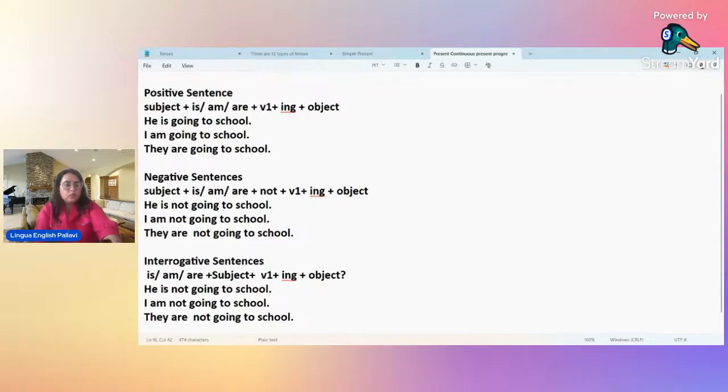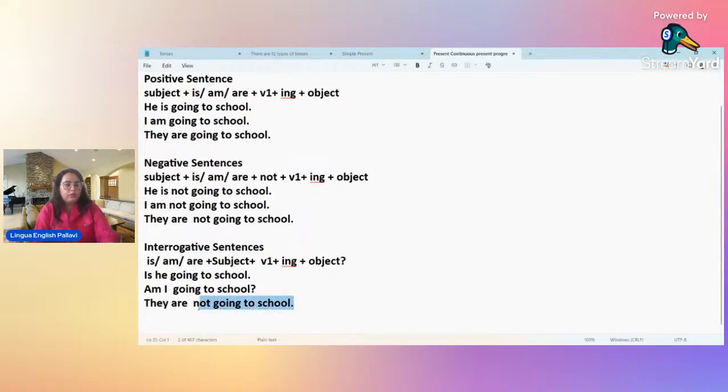So here what I'm going to do, I'm going to make the change. It starts with the helping verb, he is going to school. And the next, I'm just going to fix it up by adding: am I going to school? There will be a question mark.